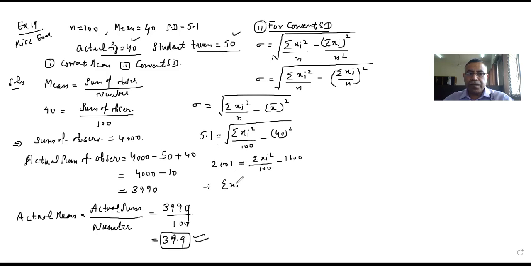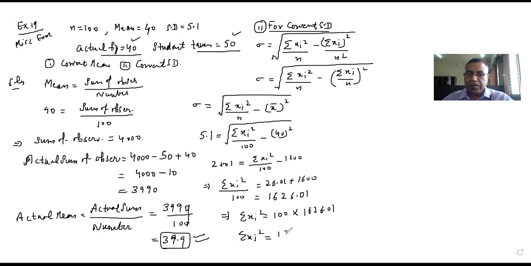So sigma xi square upon 100 is 26.01 plus 1600, which is 1626.01. So sigma xi square is 100 multiplied by 1626.01, which is 162601.